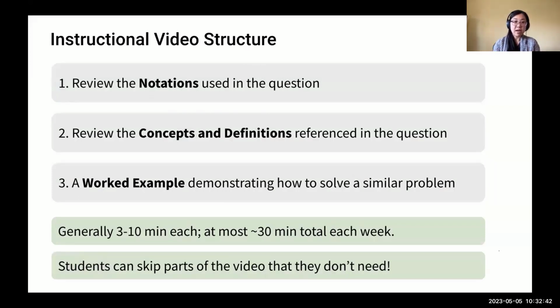I personally found that very valuable. Same with the worked example, showing a similar problem and breaking it down, looking at the notation, and translating some of it. The second step, reviewing the concepts and definitions, maybe doesn't need to be done in a video, but I found the video really helpful for steps 1 and 3.